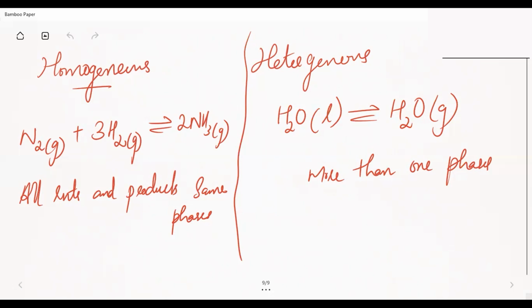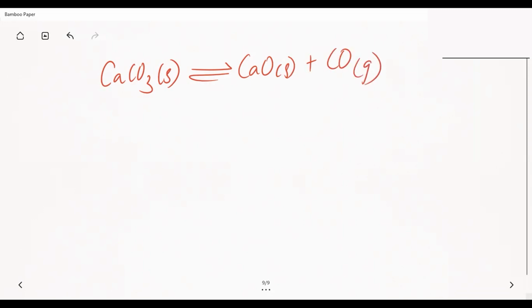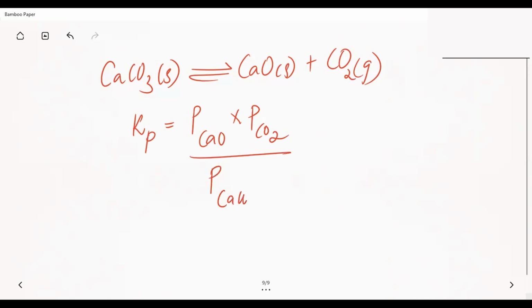For example, CaCO3, that is a solid, is converted to CaO solid plus carbon dioxide gas. So here you can write the equilibrium constant Kp as the pressure of CaO times CO2 over P of CaCO3.